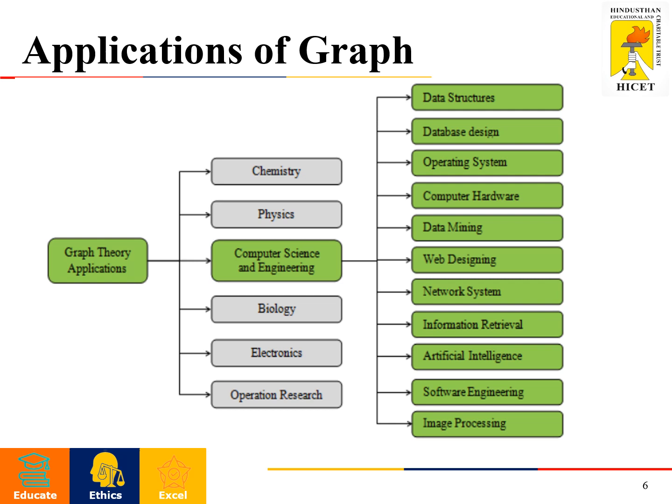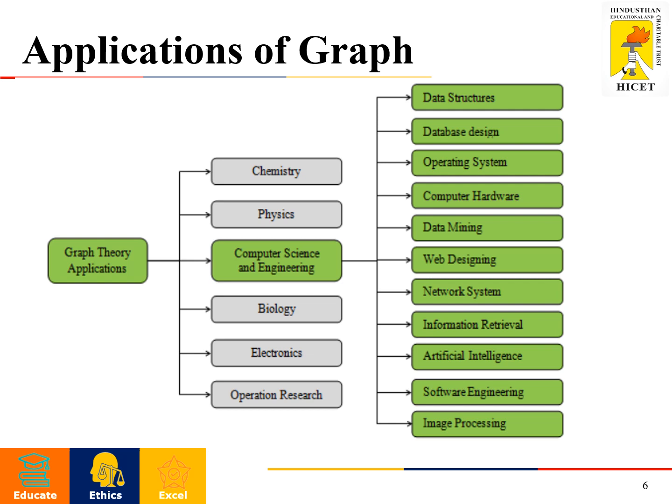Next one is we are going to discuss about various applications of graph. There are n number of applications of the graph. The graph is applied in all the fields. For example, it is used in chemistry, physics, computer science, biology, electronics, and operation research.